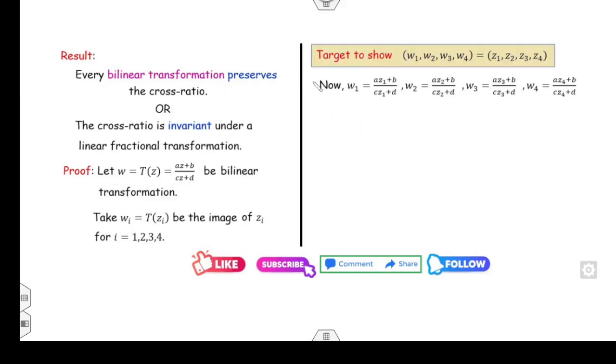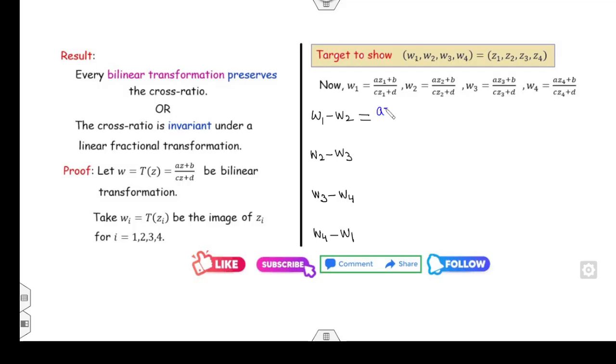Fine. Now let's start with how you can write the left hand side, that is W1 minus W2. Second part you need is W2 minus W3. Then you need W3 minus W4, and then you need W4 minus W1. So I can try to compute W1 minus W2.